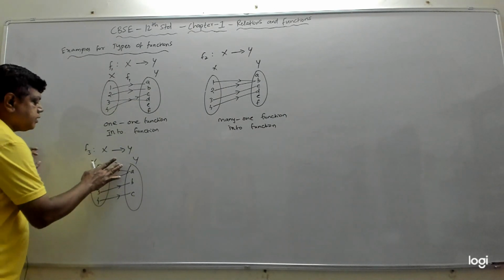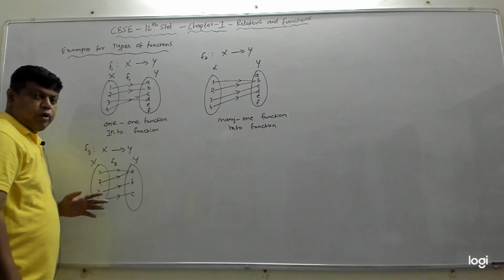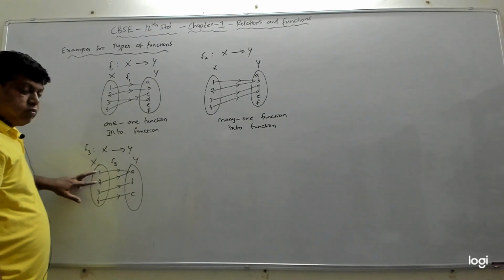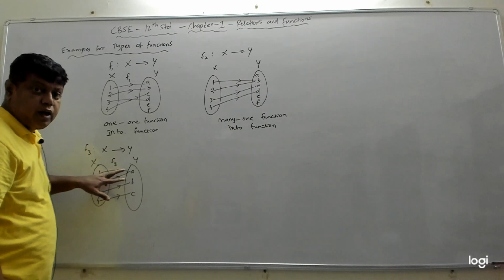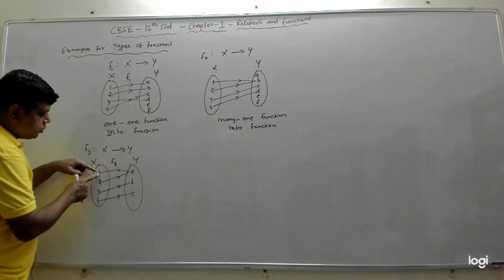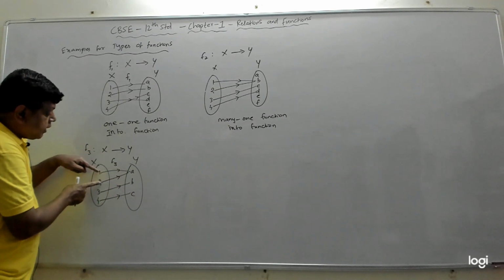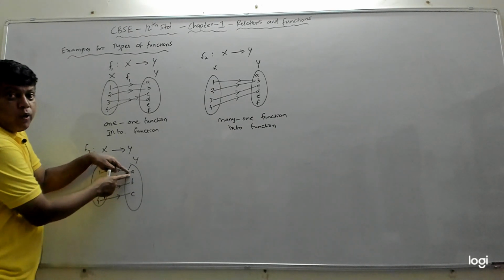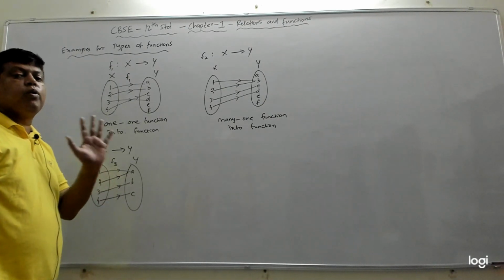Now the question is, is this function one-to-one? To check, we should take any two elements and make sure that they have two different images. But these two different elements have the same image. If two elements in X are mapped to one element in Y, then it is not one-to-one. It is a function, but not a one-to-one function.